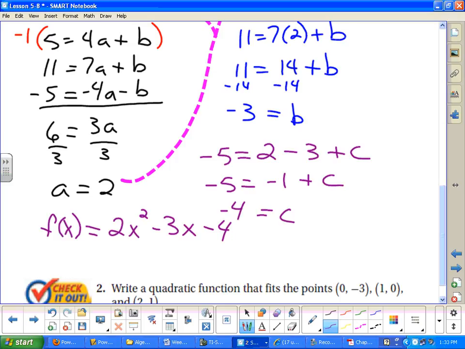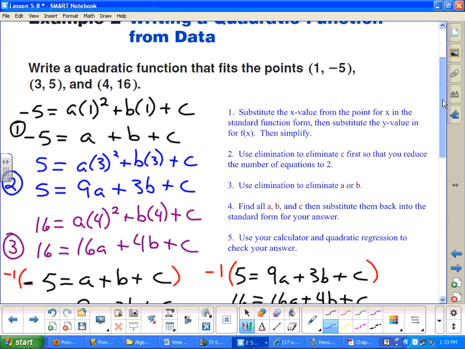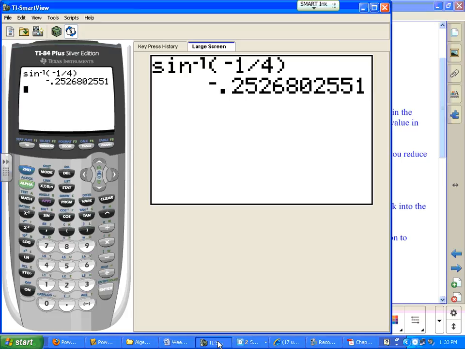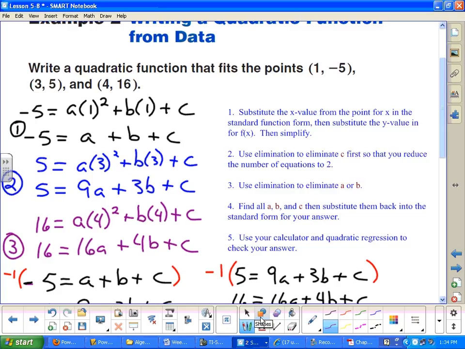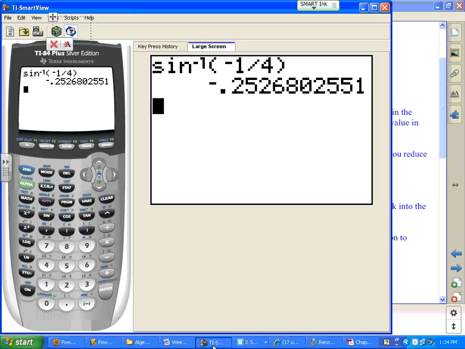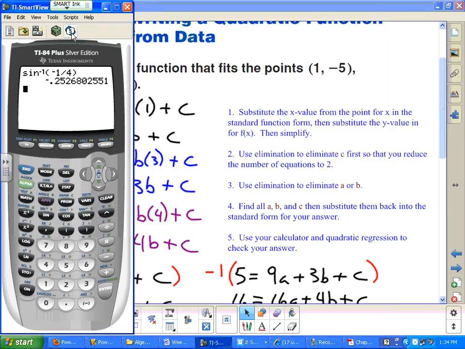We've used regression with our calculator, haven't we? We did linear regression, okay? But we haven't done quadratic regression, so we're going to learn how to do quadratic regression here. So if you remember how to use your calculator for regression, first thing we want to do is put the data in our list.